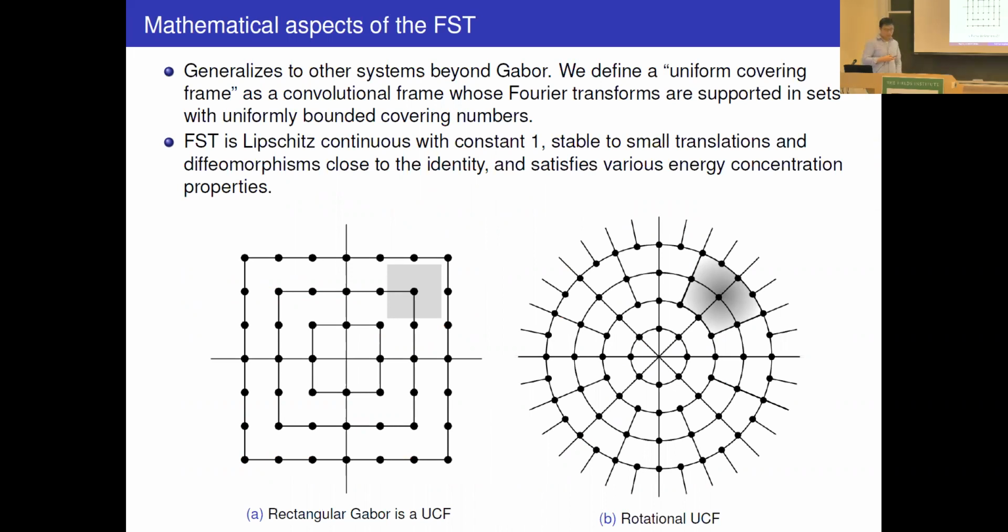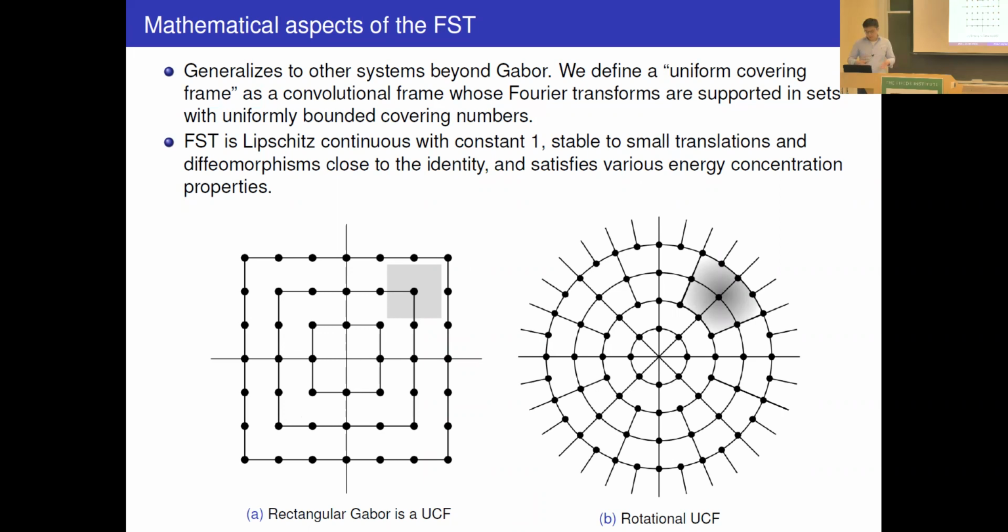So this idea generalizes to other systems beyond just traditional Gabor. So traditional Gabor would be something along this line of reasoning. We have a fixed function g. When we modulate, we do translations in Fourier. So we're tiling the Fourier domain with these rectangles. But one can look at more complicated tilings like these pineapple tilings.